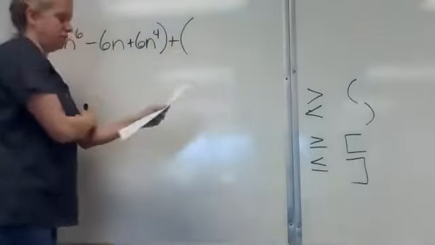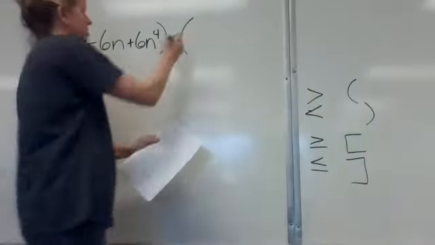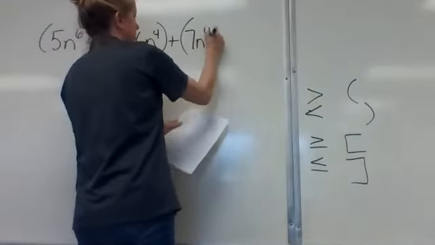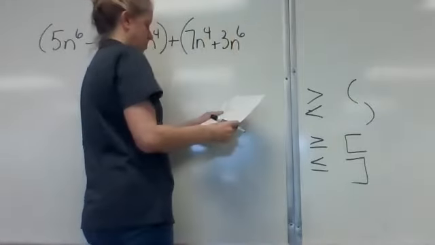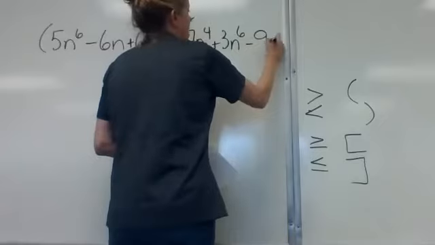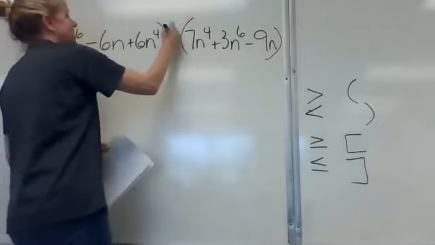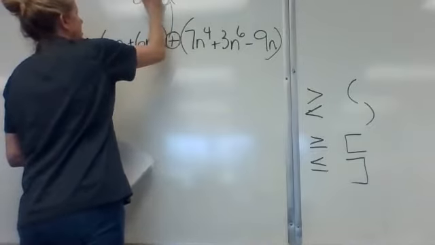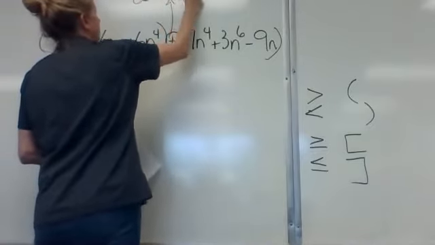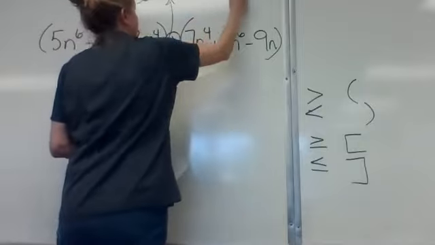Plus, we're going to add it to this parenthesis, 7n to the 4th, plus 3n to the 6th, minus 9n. Now, when you are adding, this just means to combine like terms.